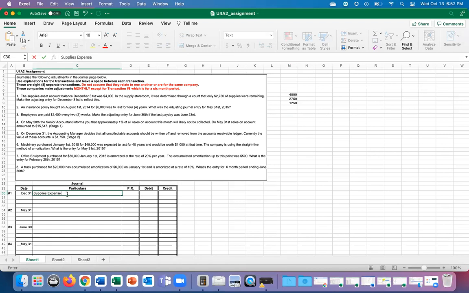This is where we account for how much we're spending on supplies as we go along in our business. So for now, we are concerned with the amount that we spent on supplies in December. And so we are going to debit our supplies expense account for $1,250.